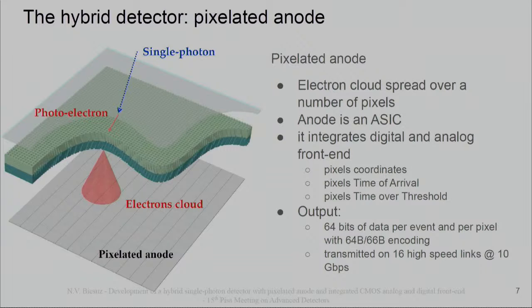Then you will have this pixelated anode that integrates the analog and digital front end. So you will have as output pixel coordinates, time of arrival, and time over threshold. The output is words of 64 bits with 64B/66B encoding, transmitted over 16 high-speed links at 10 gigabits per second.